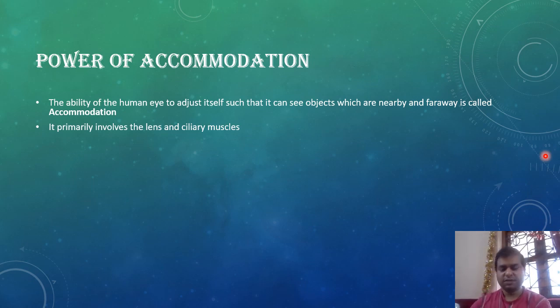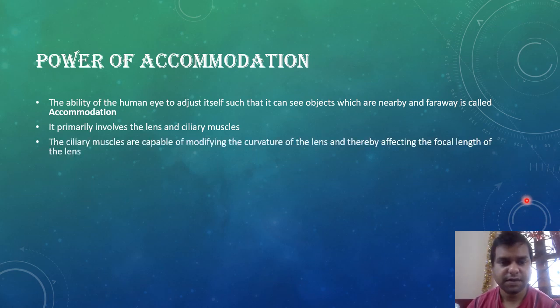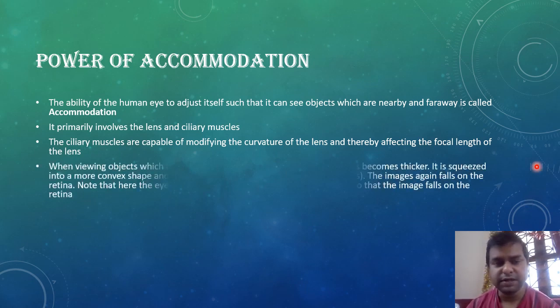So it involves the lens and the ciliary muscles, and we have discussed the ciliary muscle in a previous slide, which we said adjusts the focal length, right? So based on the focal length, we can see objects. When it is adjusted, we can see objects which are close by as well as far away. So ciliary muscles adjust the curvature of the lens, thereby adjusting the focal length of the lens.